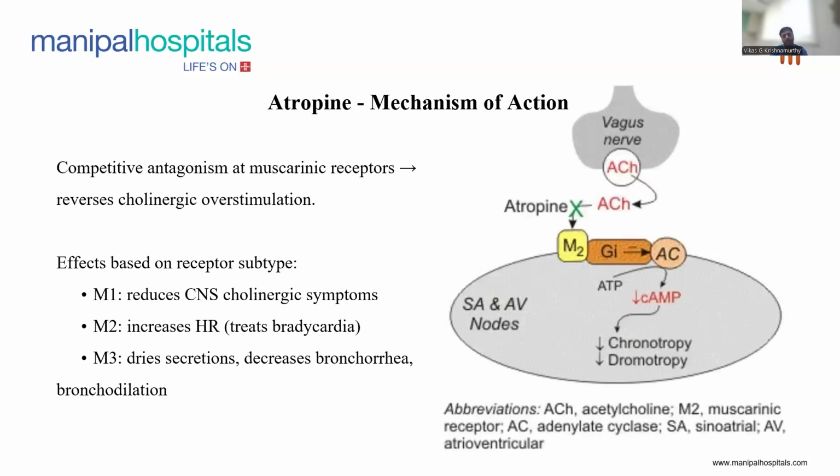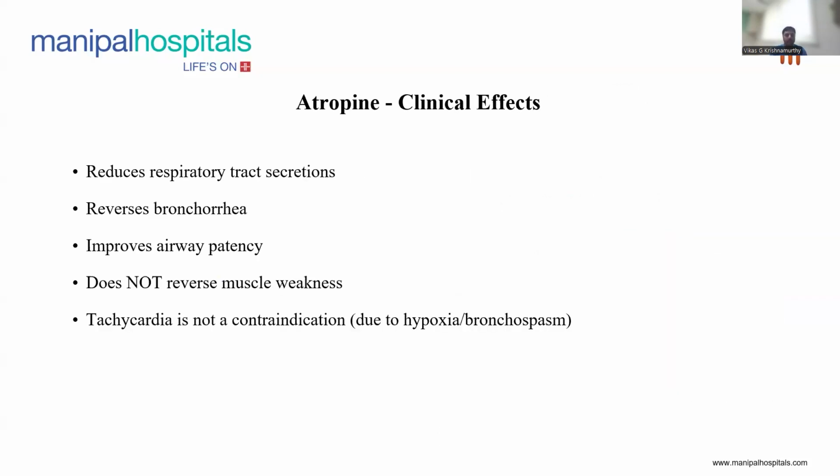The effect on M1 reduces the CNS cholinergic symptoms, M2 increases the heart rate, and M3 decreases secretions, bronchorrhea, and bronchoconstriction. The clinical effects of atropine are reduced respiratory tract secretions, reversal of bronchorrhea, and improved airway patency, but it does not reverse muscle weakness. Tachycardia is not a contraindication.